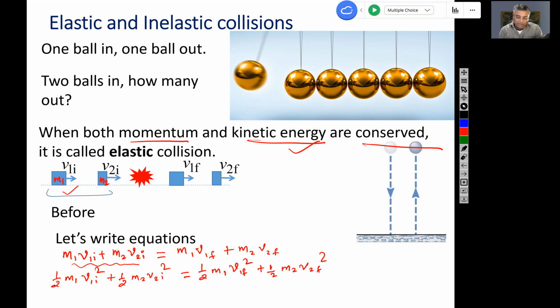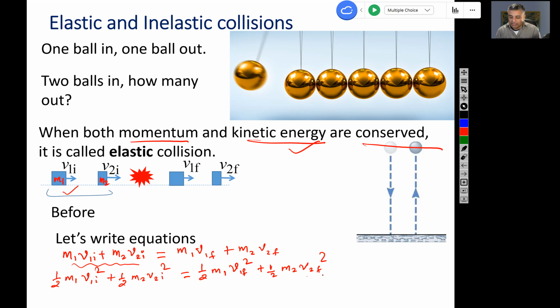And if you like, you can cancel all halves. There is a half everywhere, so you can cancel that, right? So now, if you know it's an elastic collision, then you can write these two equations. By writing these two equations, theoretically, you can solve for up to two unknown quantities, okay?